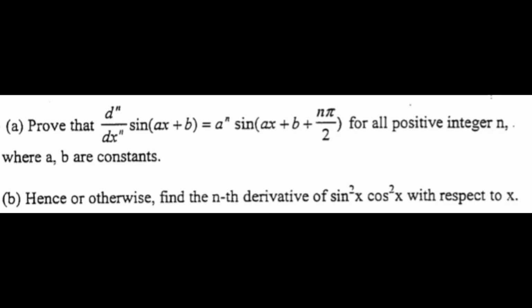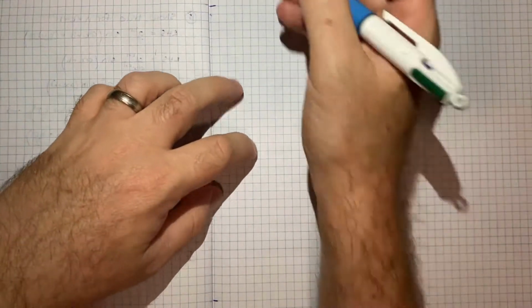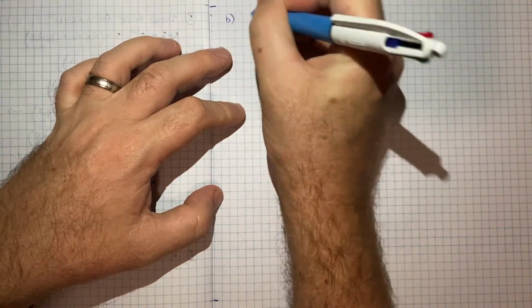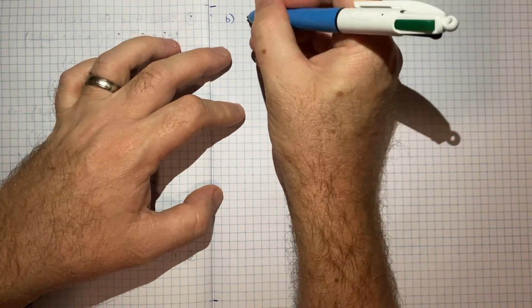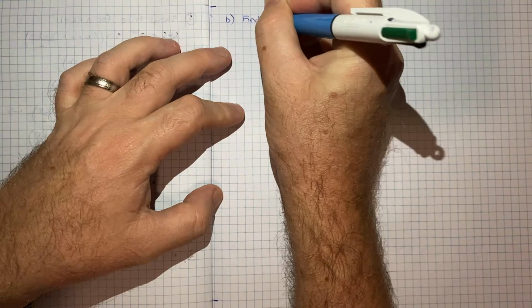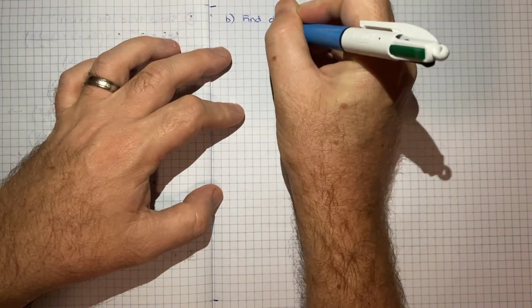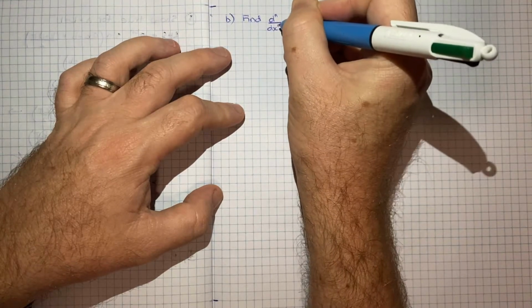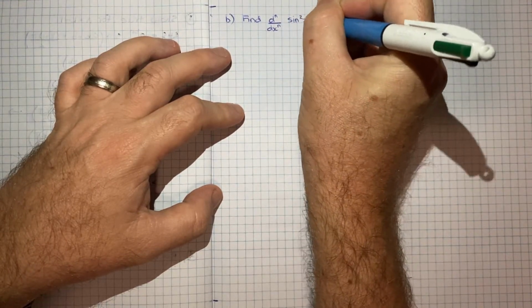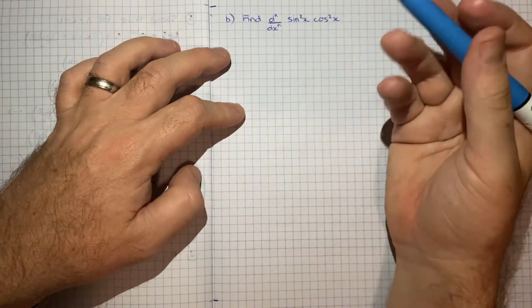So that hints that if we want to get this nth derivative of sin²x cos²x, we're first going to have to transform it, using some trigonometric identities, into the format sin(ax + b), because once we do that, we'll be able to apply this result from part A. So here I'll just note what we need to find: the nth derivative, d^n/dx^n, with respect to x, of sin²x cos²x.